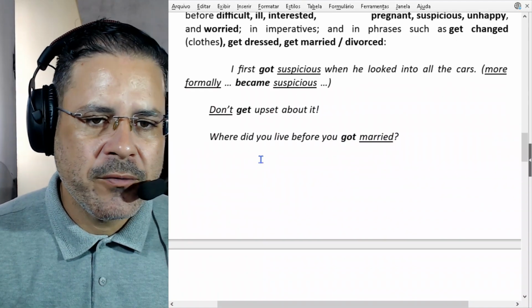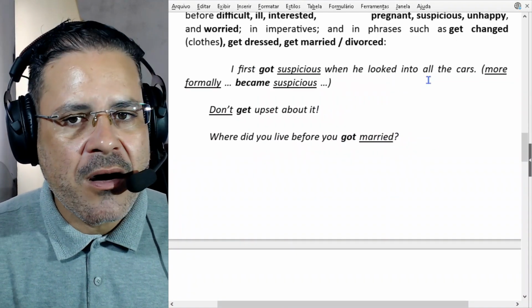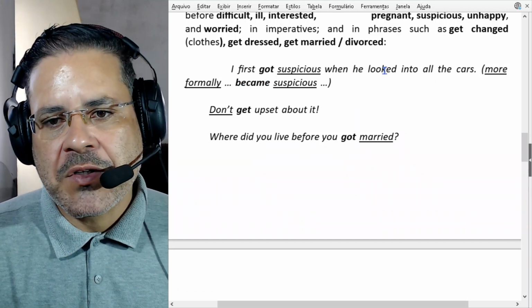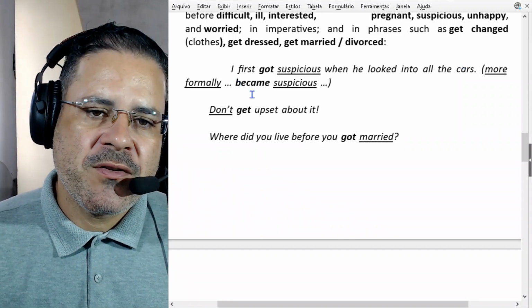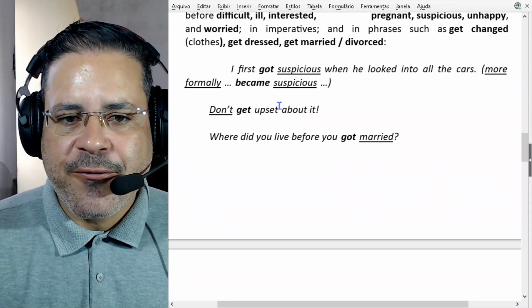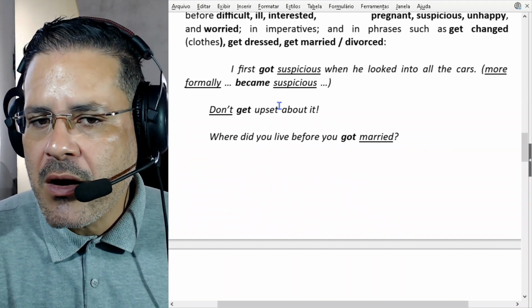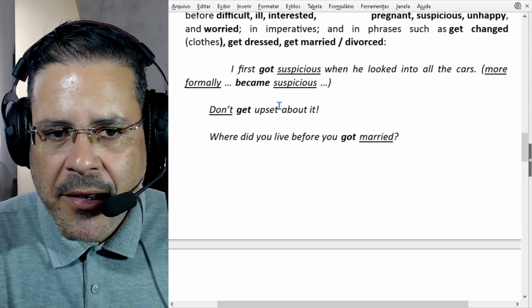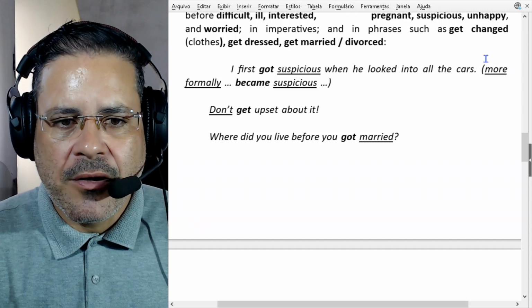For example, I first got suspicious when he looked into all the cars. More formally, we might use the verb to become. For example, I first became suspicious when he looked into all the cars. But less formally, I first got suspicious when he looked into all the cars.